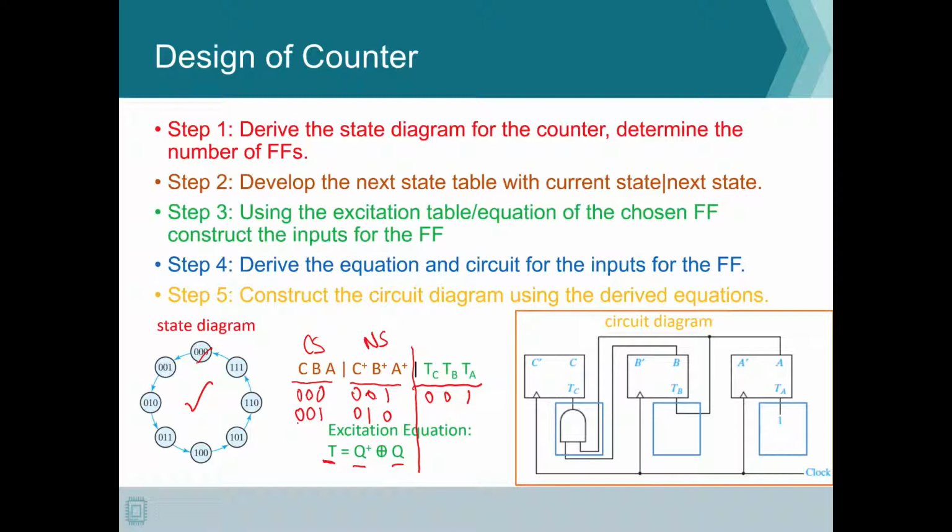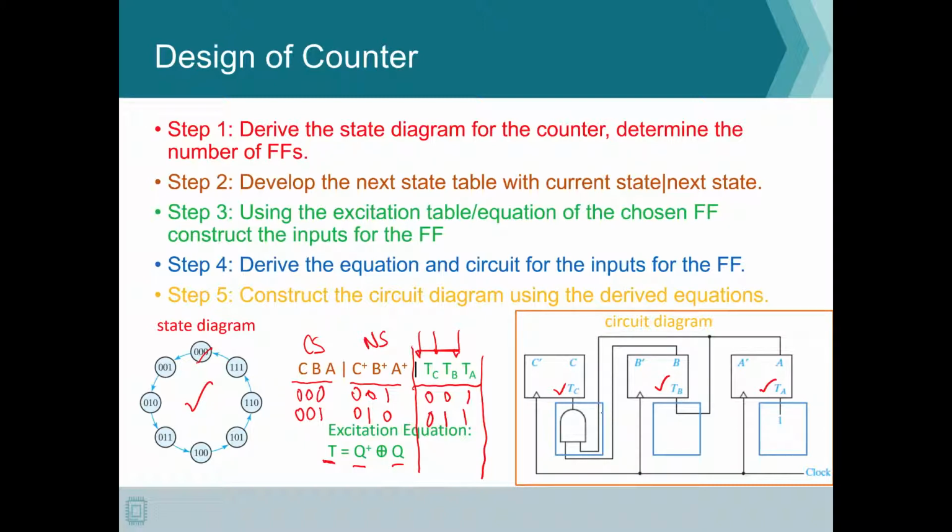Now similarly we calculate for all of these combinations. Here again, as you can see, we will have 0, 1, 1, and now we actually have this table. Treating this as the outputs for your K-map, we are going to derive equations for TC, TB, and TA.